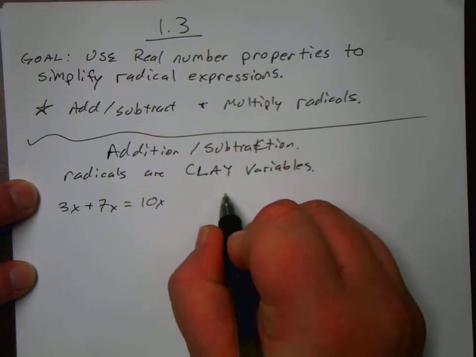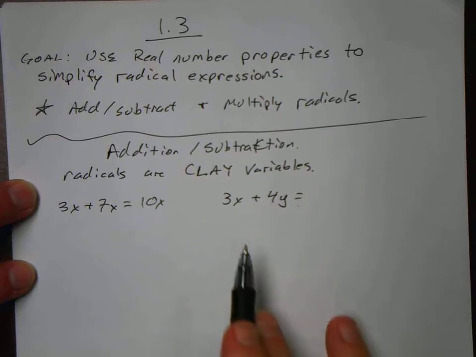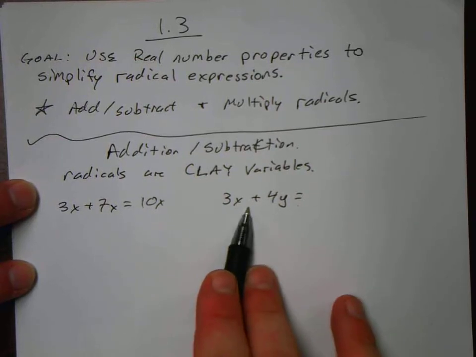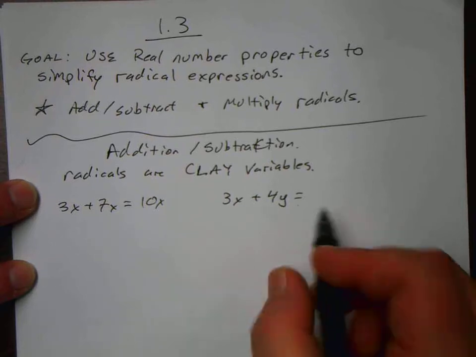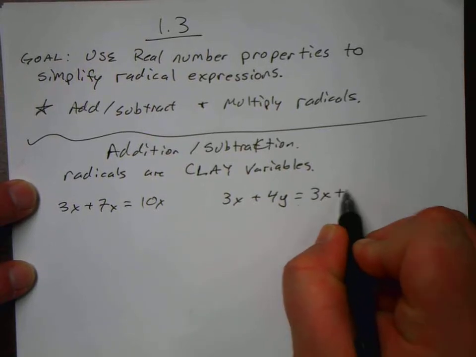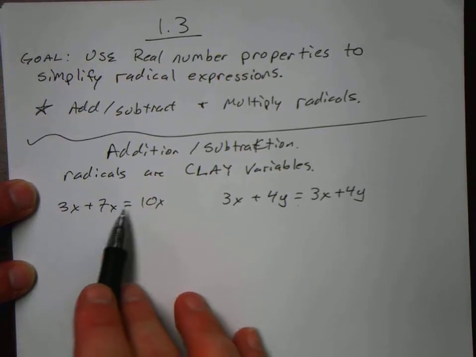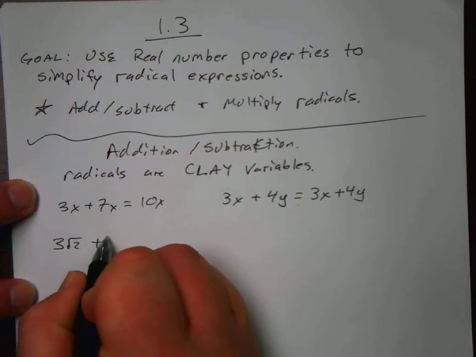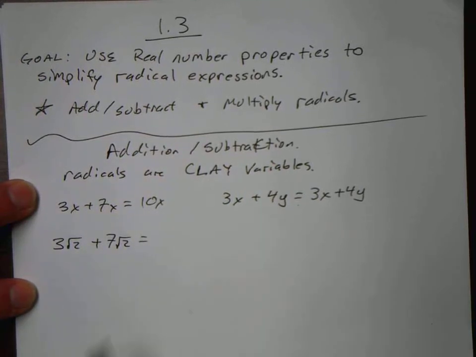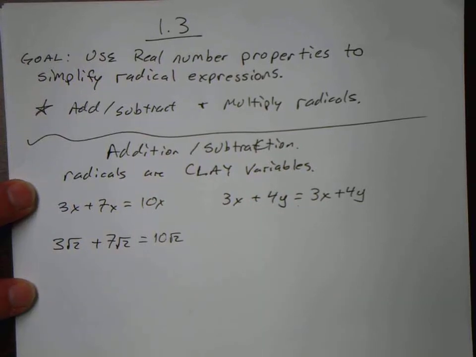The same thing, if I had 3x plus 4y, well, I can't add x's and y's. These are not the same, right? x and y are different, they have different meanings. So this is still just 3x plus 4y. Now, 3x plus 7x gives us 10x in the same way that 3 times the square root of 2 plus 7 times the square root of 2 gives us 10 square roots of 2.